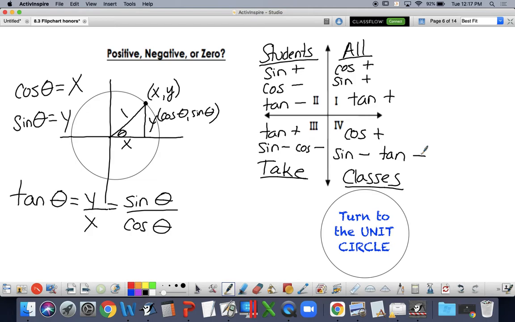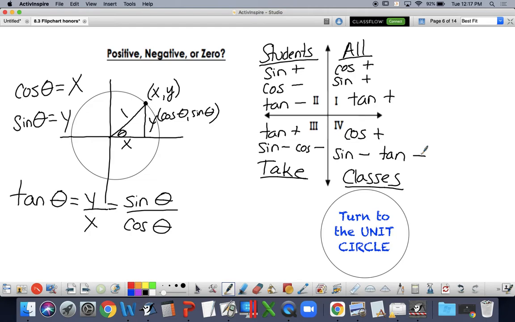Tangent is negative, sine is positive. There we go. Quadrant 2. All right, the only quadrant where cosine and sine are both negative. That's right, quadrant 3, we got it.